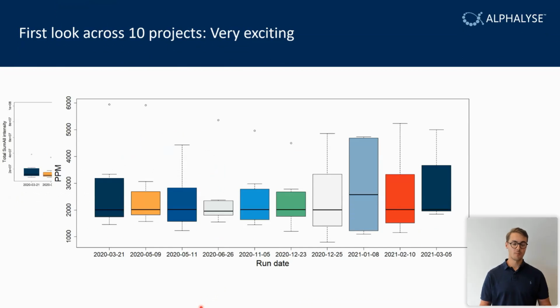However, once we normalize against these internal protein standards, this is a completely different picture. It shows that we can account for this natural variability we see in mass spectrometry. In this case, it's the quantified values of the 7 intact protein standards per project, so we have ppm on the y-axis here.